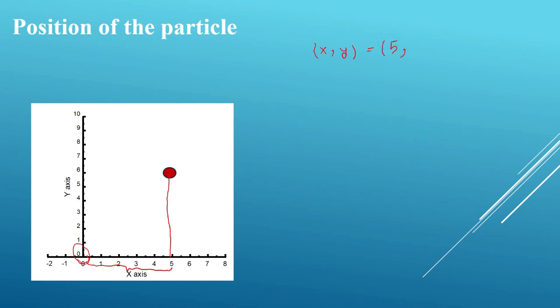For the y-axis, this distance is around 6.5. So now you know how to write the position of the particle.